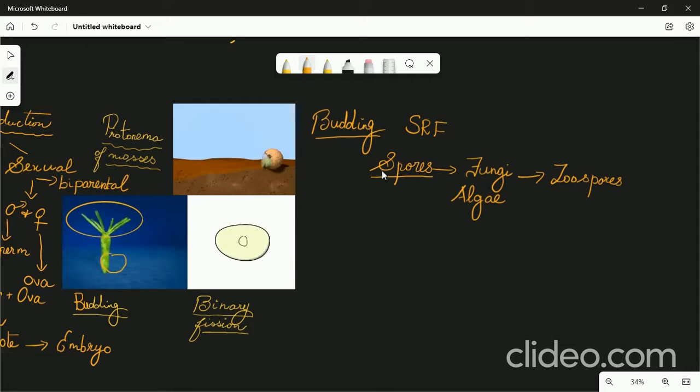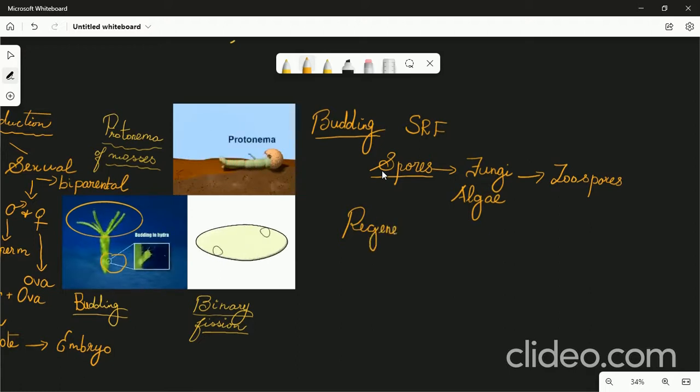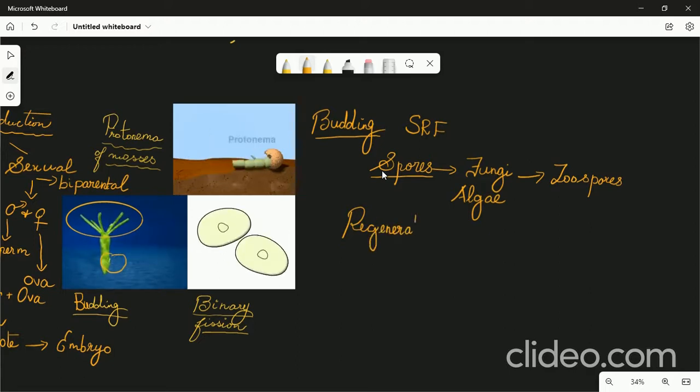Now what about the R? The R stands for regeneration. So now I'm going to draw a structure.